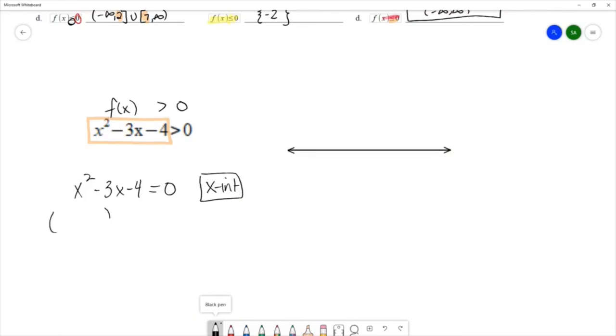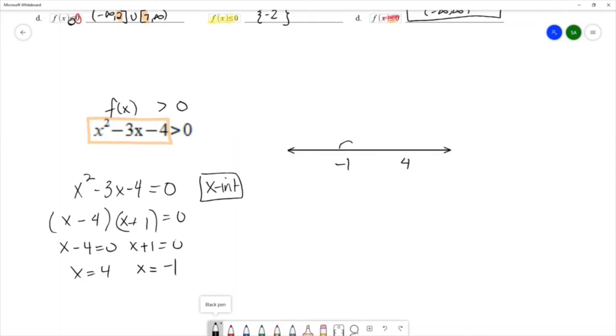And I'll factor this. I get x and x, 4 and 1 with a minus and a plus. Set each factor equal to 0. That gives me x equals 4 and x equals -1. And I drew this number line over here because I'm going to mark on the number line those two values, -1 and 4.